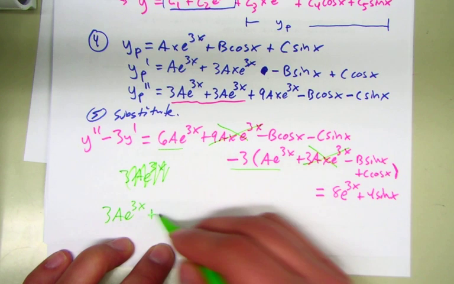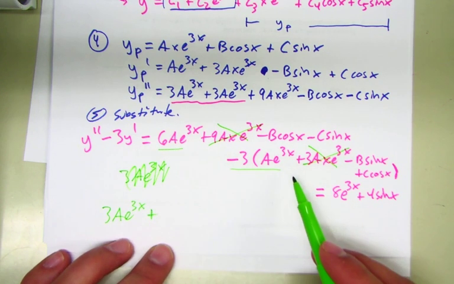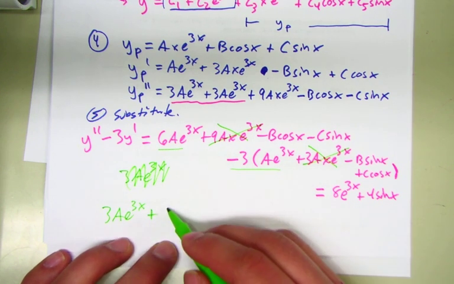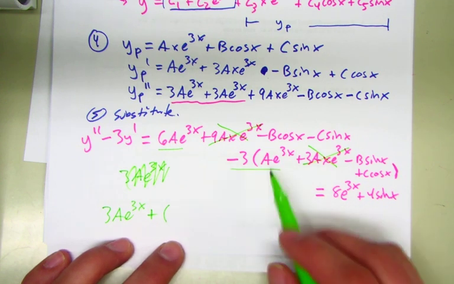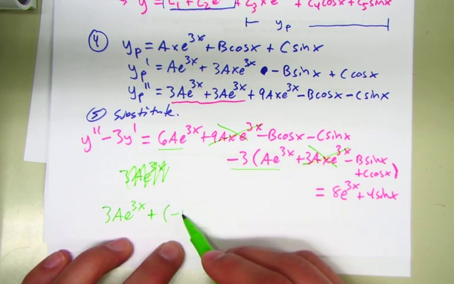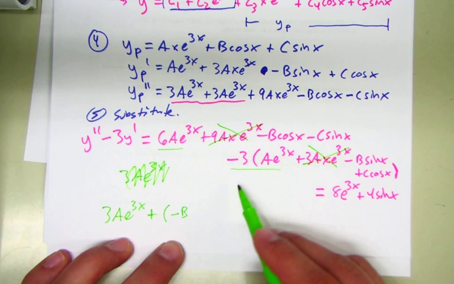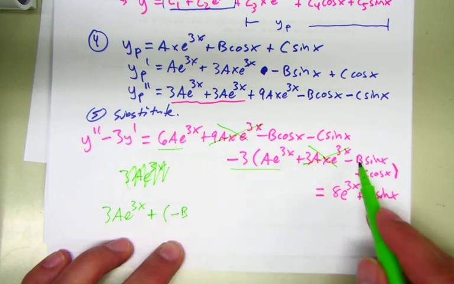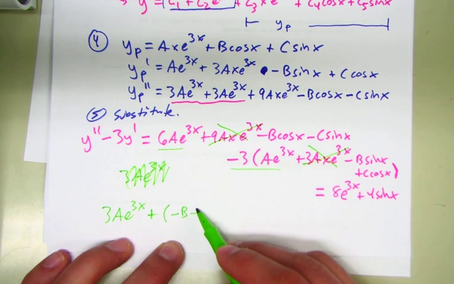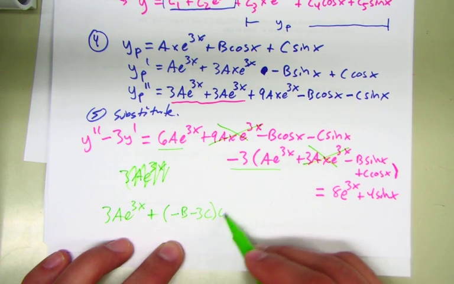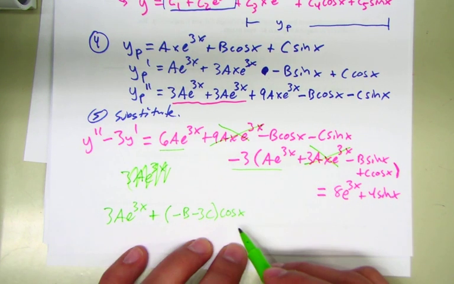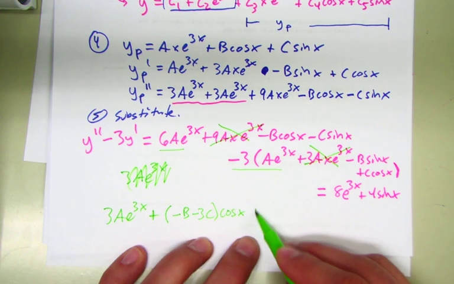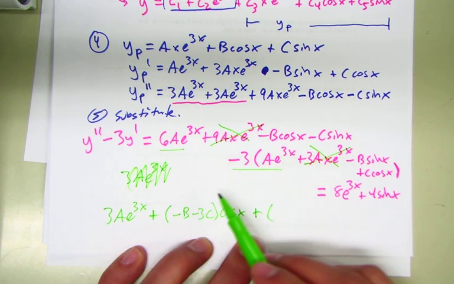Plus, and now what I'll do is group my cosine terms together. If I look at the cosine terms, I have a negative b cosine, and I also have a negative 3c cosine. So that's what we have for the cosine term coefficients. Now we'll do the same with the sines.